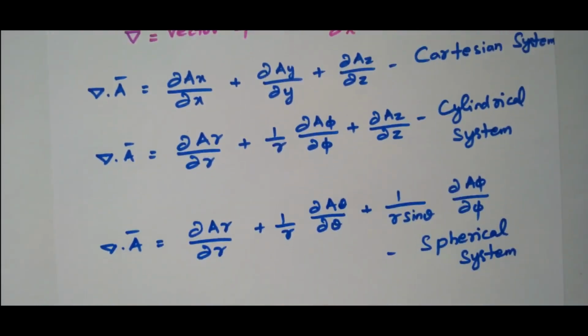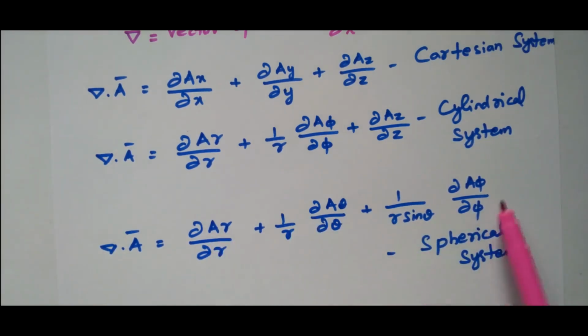While going with a spherical coordinate system, it is represented by r, theta and phi, right? Dou by dou r, dou by dou theta, dou by dou phi. This r is the length parameter, but theta is an angle, so it is multiplied by 1 by r. Similarly, phi is also an angle, so it is multiplied by 1 by r sin theta, so that this will be a length equivalent to d theta, and this will be a length equivalent to d phi.